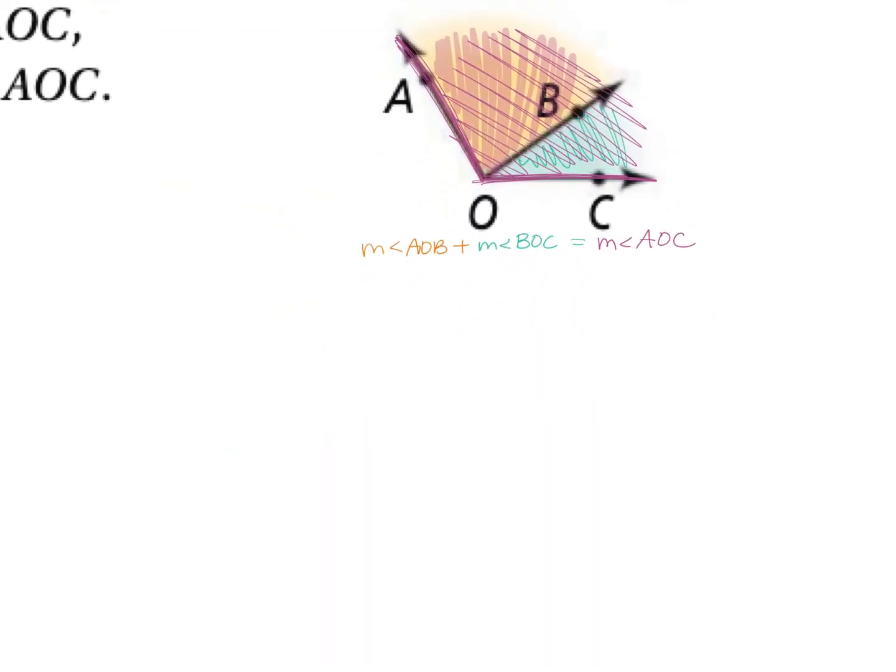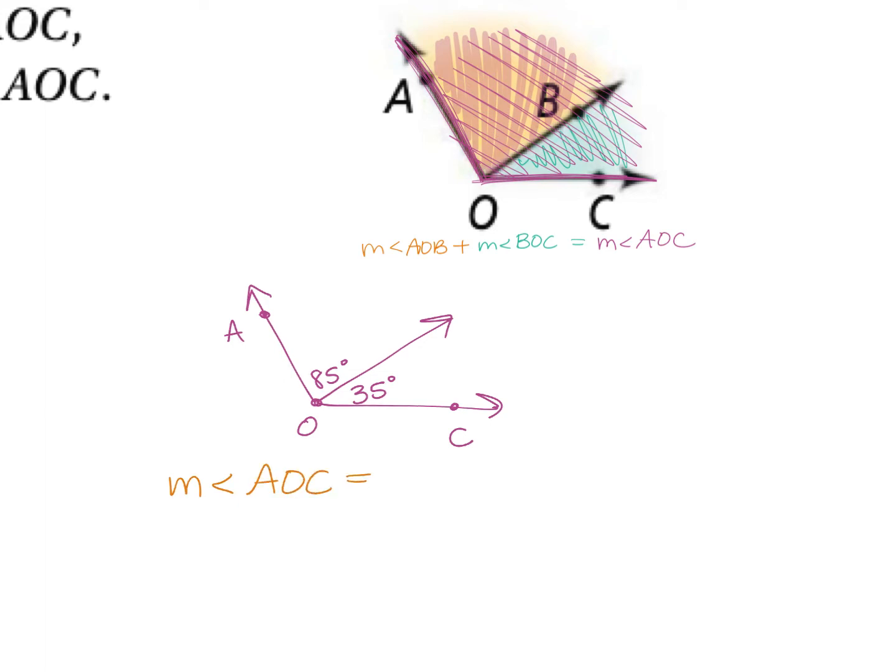Basically, it's saying this. Let's say you have this picture where this is 85 degrees and this is 35 degrees. And I'm going to call this A, O, and C. Can you tell me the measure of angle AOC?